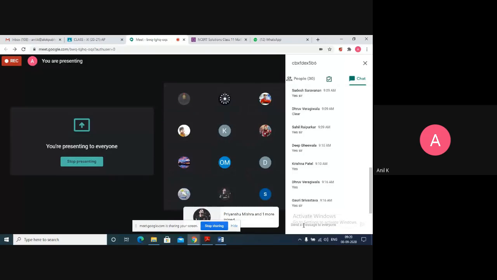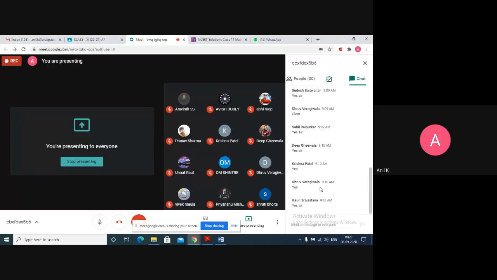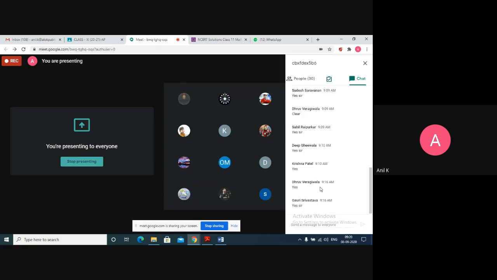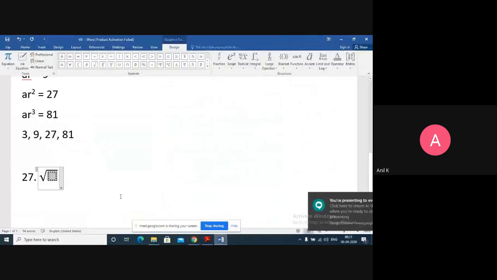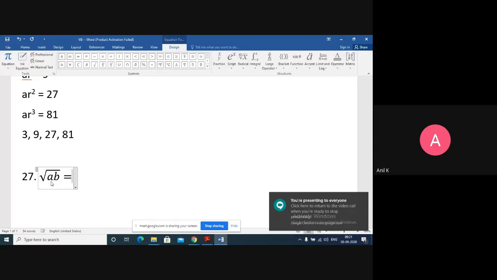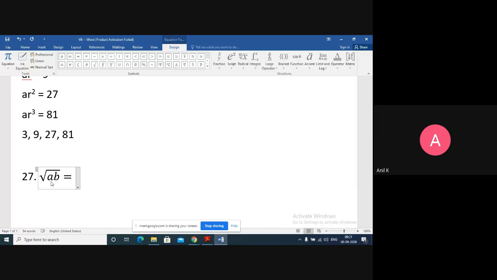What about the geometric mean? Under root AB, right. Geometric mean is under root AB.